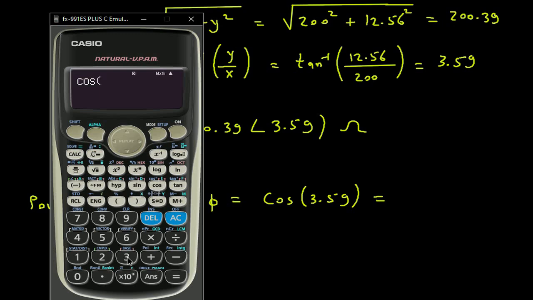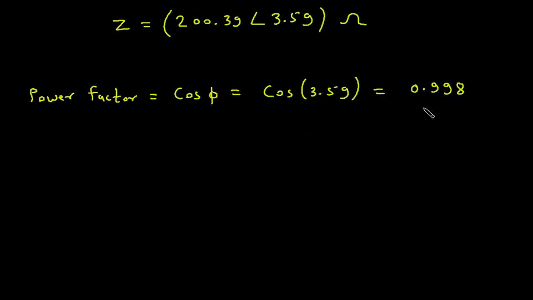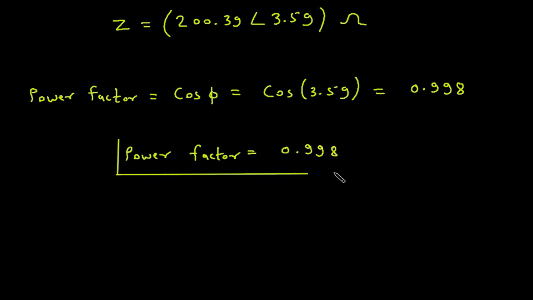So cos of 3.59 will be 0.998. So therefore, power factor is equal to 0.998. So this is our final answer.